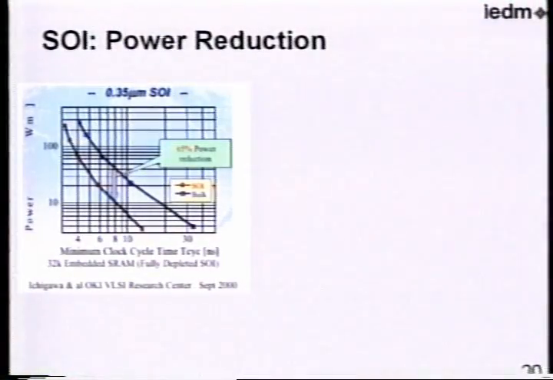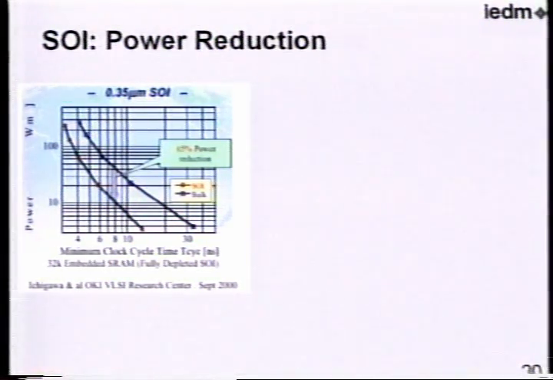We also see with SOI there is a power reduction. These are a couple of papers that were presented a few years ago. In this case, it's a 0.35 micron SOI device, showing the minimum clock cycle times.